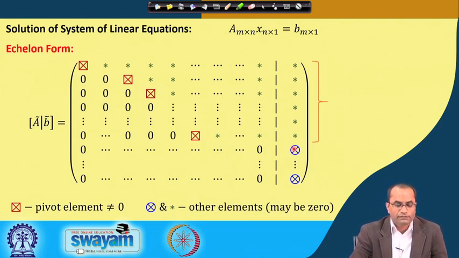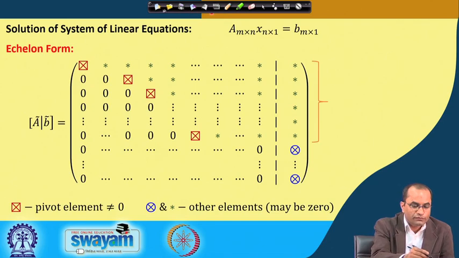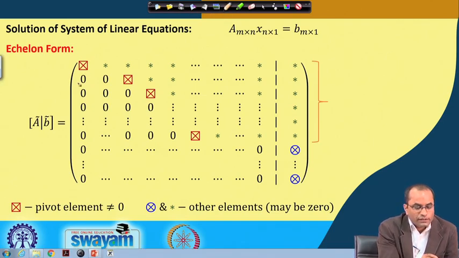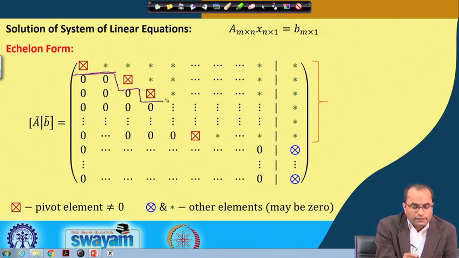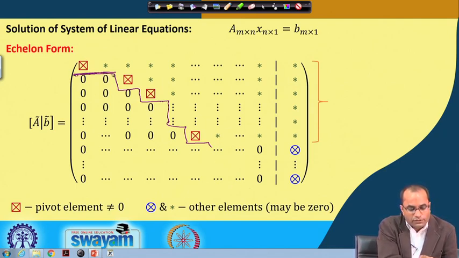But what is important is that we bring the matrix into this step like structure, and the aim is to put it into this form so that we have zeros at the bottom of this stair like structure.